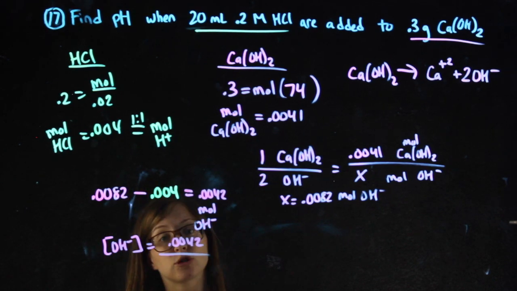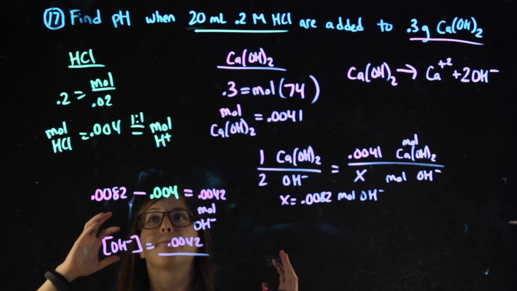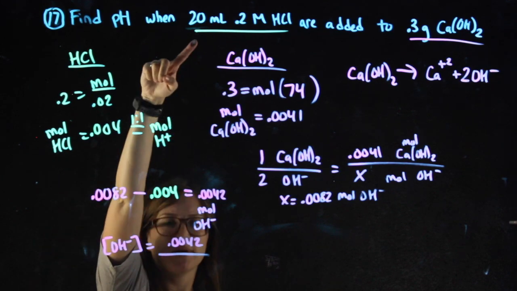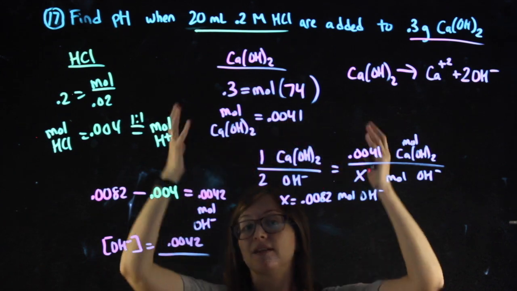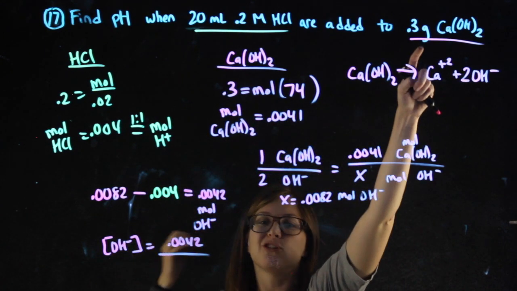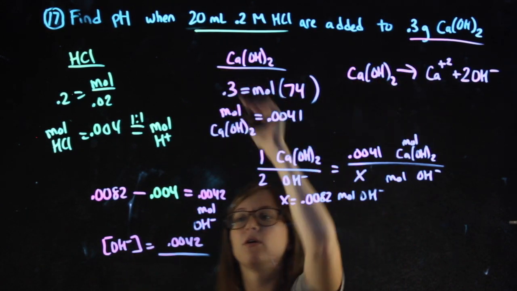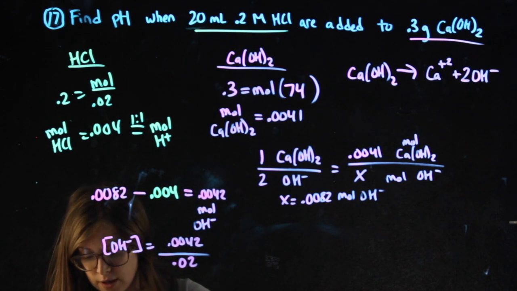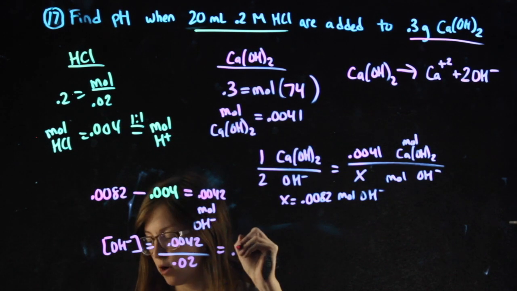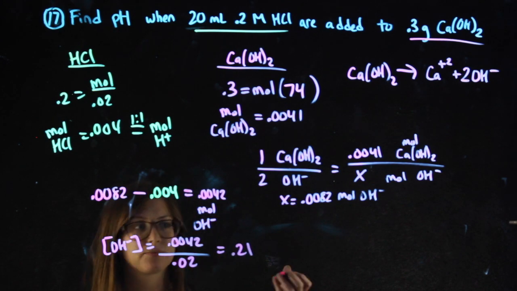And I still want to use total volume, but I only have one volume. 20 milliliters is a volume, grams is not a volume. So I am still adding the volumes, it's just this has no volume essentially, 0. So I'm going to use 0.02. That found me my molarity of OH to be 0.21.